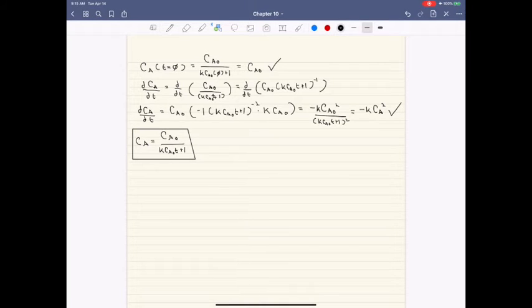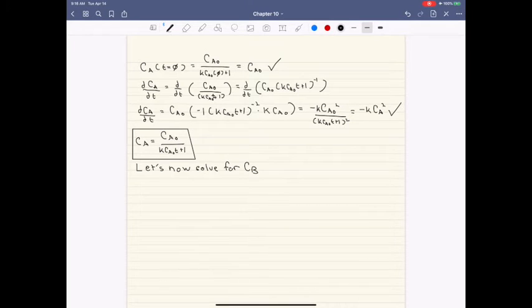Now that we've solved for CA, let's now move on and solve for CB and derive an equation for it as a function of time. Okay, so let's now solve for CB.